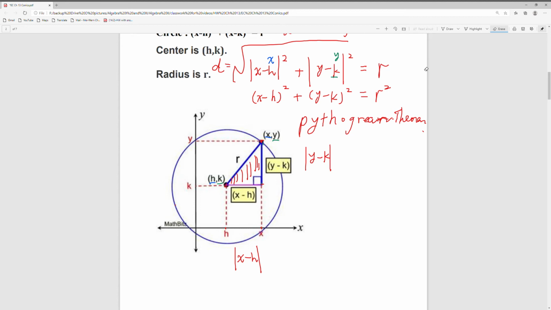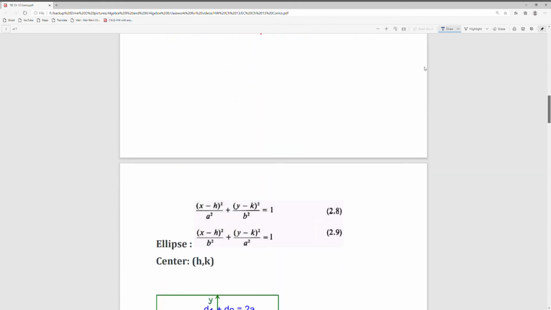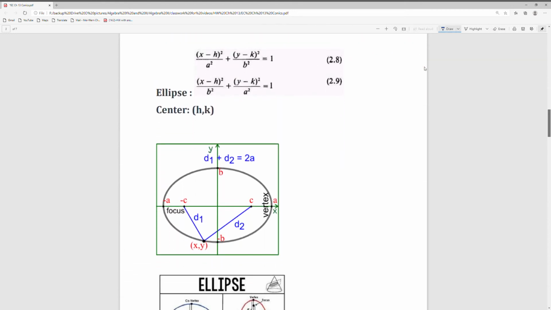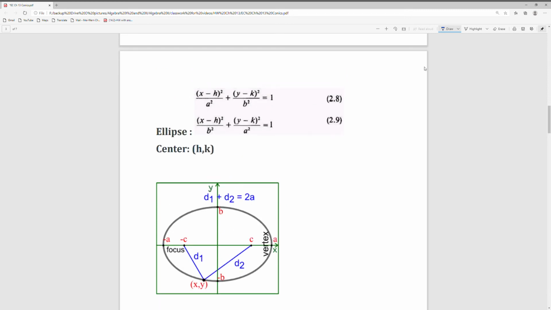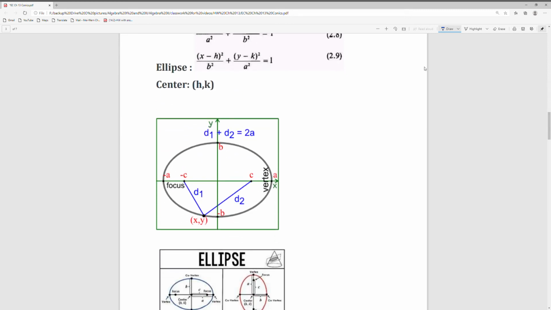Therefore, there will be some adjustment under the denominator. But the true definition for an ellipse is that we need to use focus. If you have two focus, then we say foci.